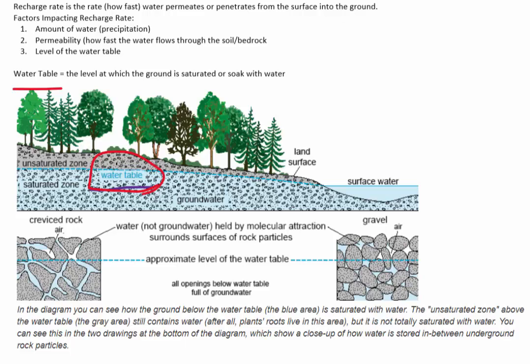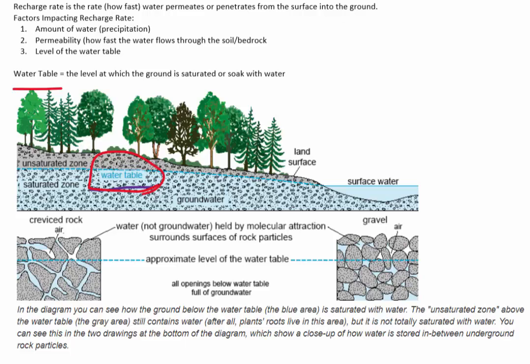So you guys can see you have your surface in that diagram, and then you have a few feet or a few inches down, you have the unsaturated zone. So this is land that has water, but it's not saturated. So it's not soaked through with water.